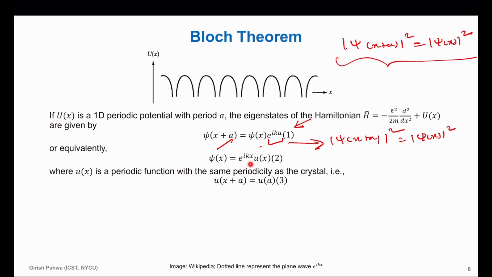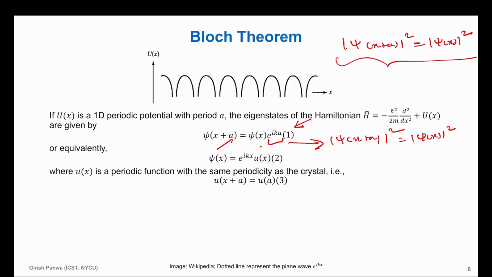But when you put the same free electron in a crystal, you have the plane wave, but it is modulated by a periodic function. And this u of x depends upon your material, your crystal structure and everything. So this is what is making it different from a free particle case. Free particle is e to the power iota kx. When you put the same electron in a crystal, it is e to the power iota kx times this modulating function, which is periodic.